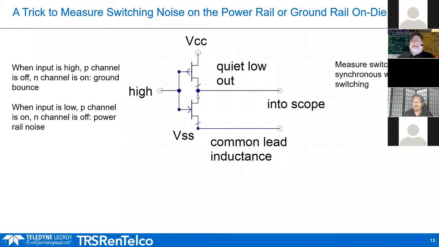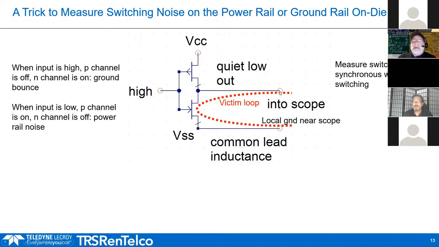And so we set an output always at low. That means that, if it's a CMOS kind of output driver, the N channel is basically on, and that means the output pin that we look at with the scope is tied to VSS on the die itself.